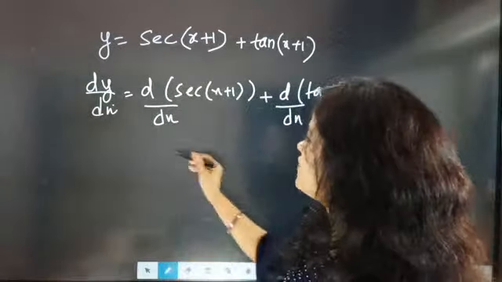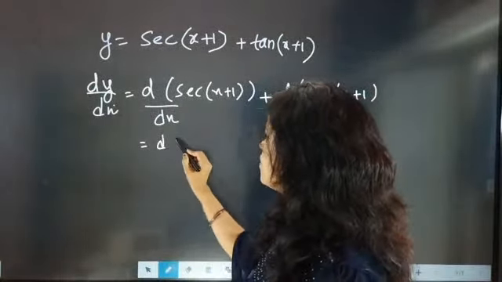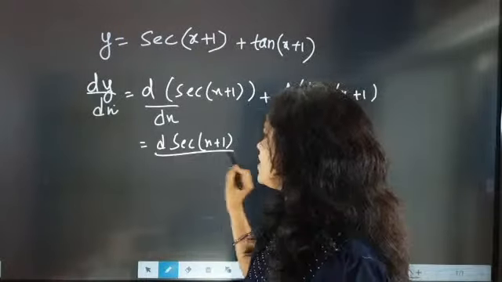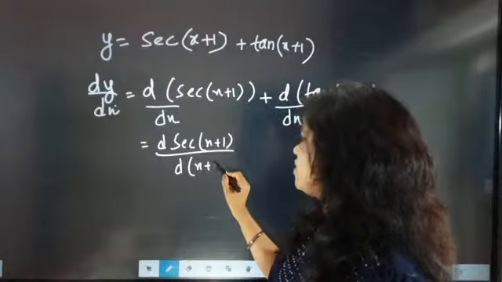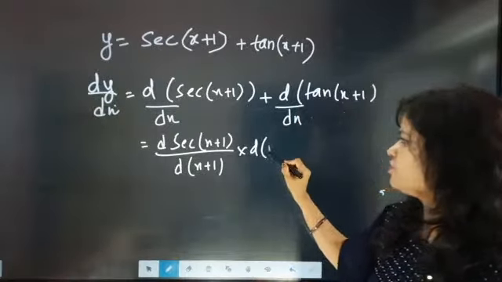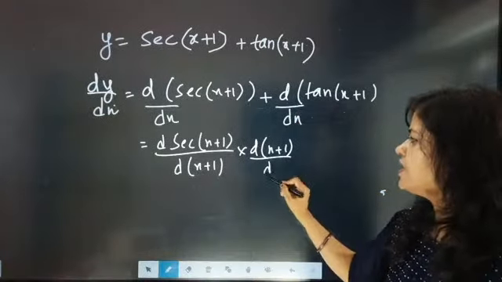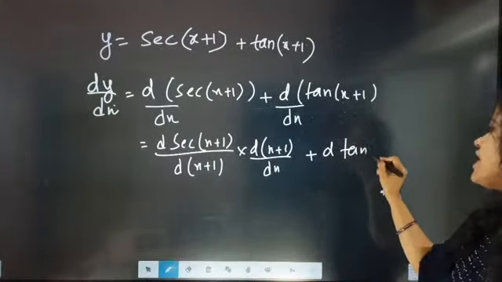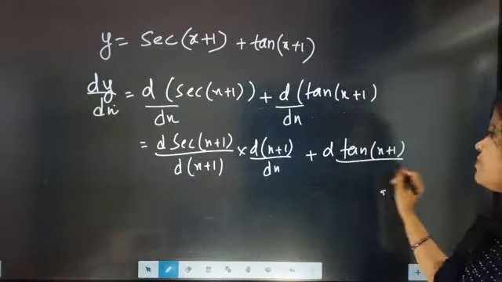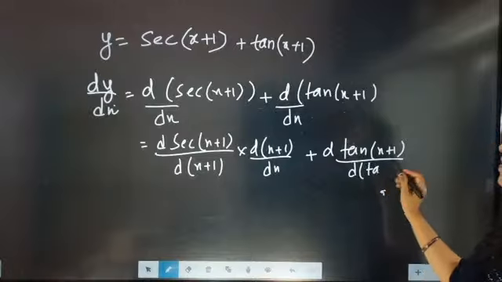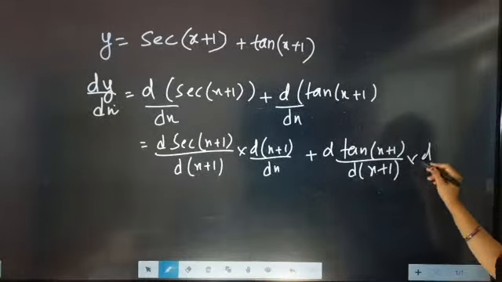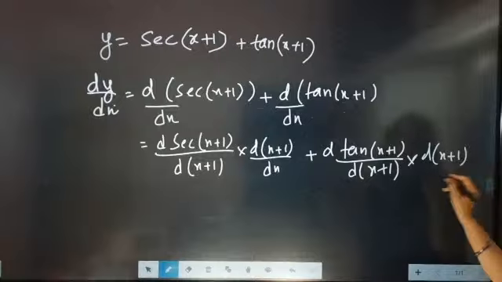We write d of secant of x plus 1, divide and then multiply by d of x plus 1, and shift this dx to this side. Same thing for tan of x plus 1, with d of x plus 1 by dx.